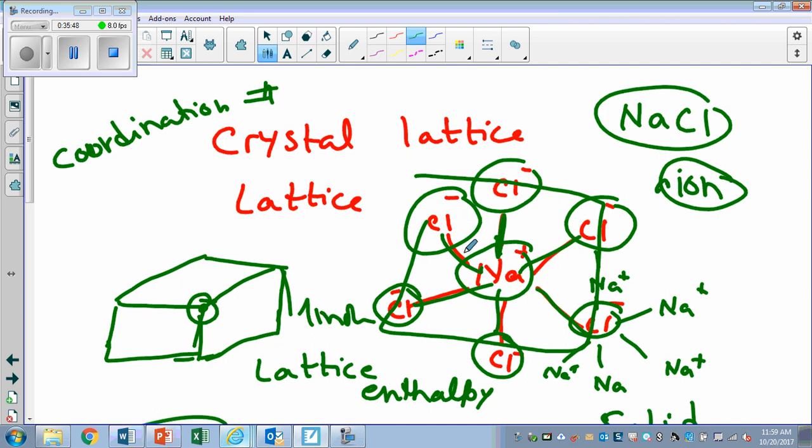So in this case, when I'm telling you that sodium is surrounded by 6 chloride ions and chloride is surrounded by 6 sodium ions, that means for sodium chloride the coordination number is 6. You can only figure this out from the crystal lattice structure, okay? Otherwise you would not know it.